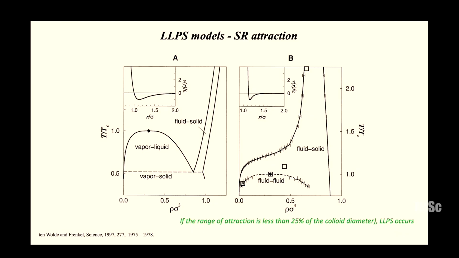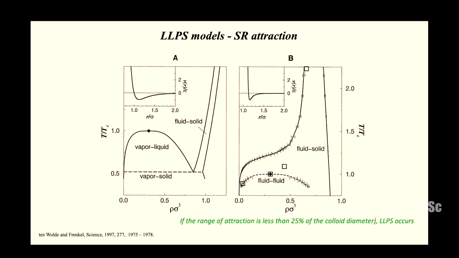On the other hand, if you look at this system, the Lennard-Jones potential was taken but shrunk in terms of the range of the attraction. The difference between this and this is that the range of attraction cuts off around 1.3 or 1.4, but here the interaction goes all the way up to close to 2 times the diameter of the particle itself.